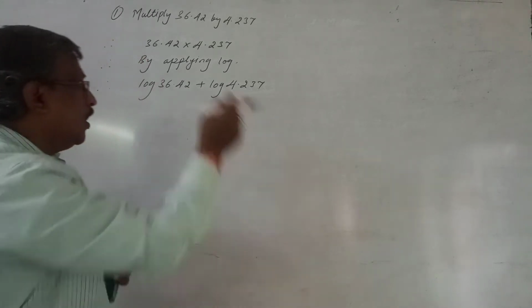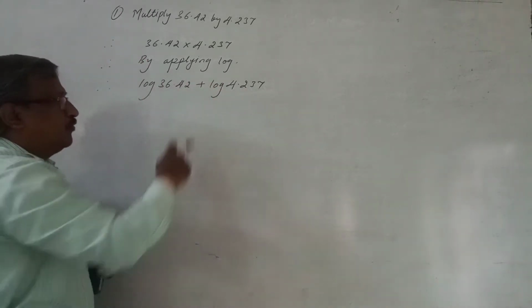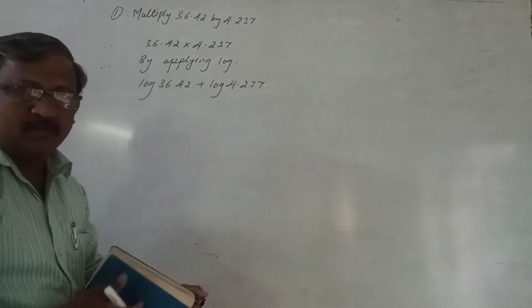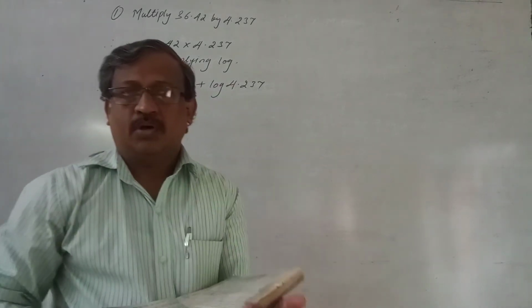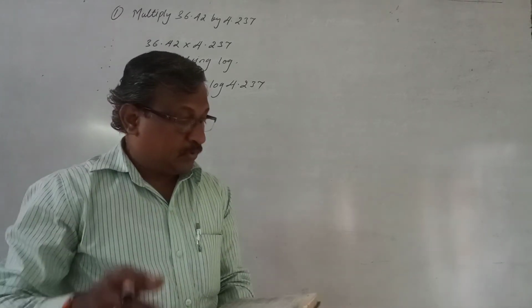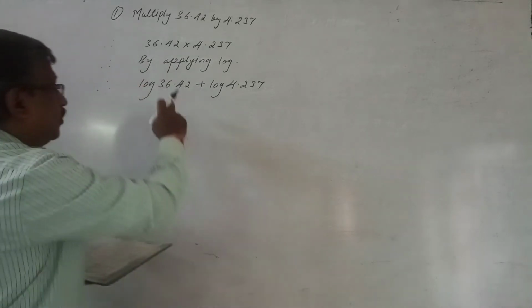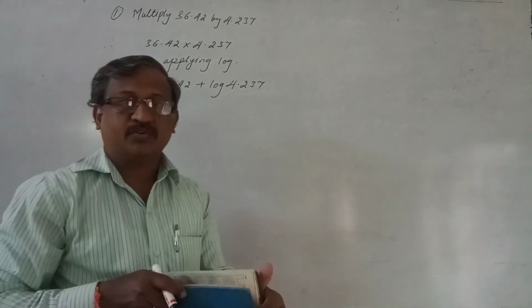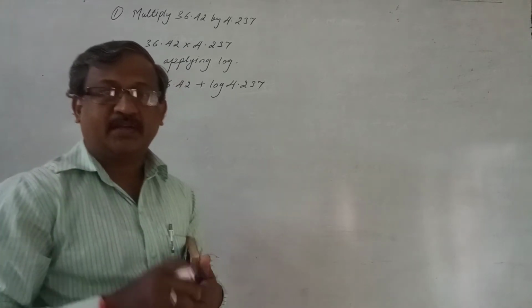Clear? Now by using the logarithm table you have to find out the log of 36.42 and 4.237. I have already told how to calculate the log, how to see the anti-log. Clear? So first you calculate the log of 36.42. Before going to the log table, first always what you have to write? You have to write the characteristics.